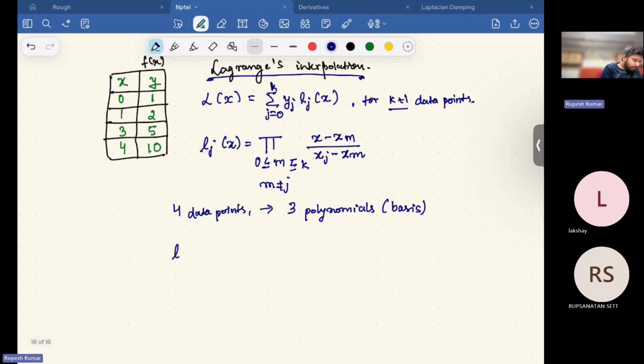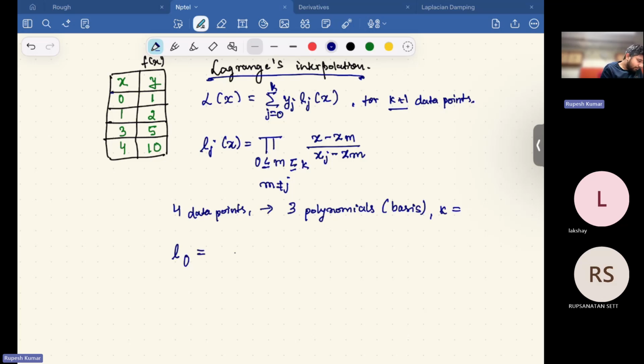So let's define k. k here is 4, or rather k equals 3, right?